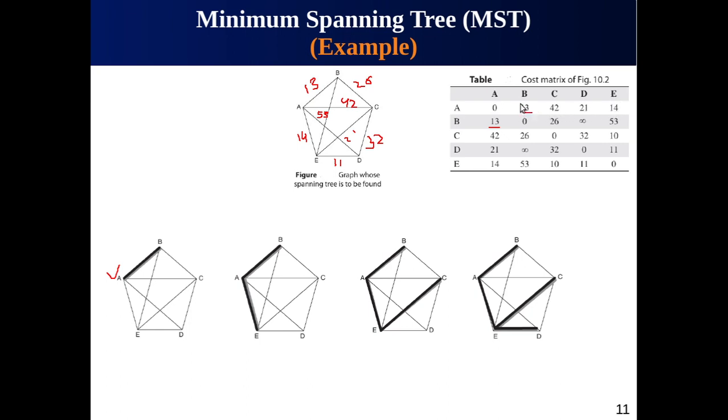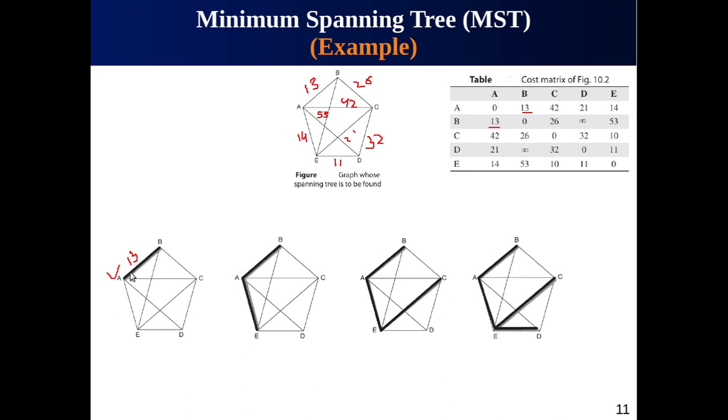What is the least cost in this row? That is 13, and it leads to B. So we have selected this arc or this edge. As per the values given in this table, the minimum cost edge is from vertex A to vertex B. And the edge AB is therefore selected in the first iteration, and it is shown in the figure.